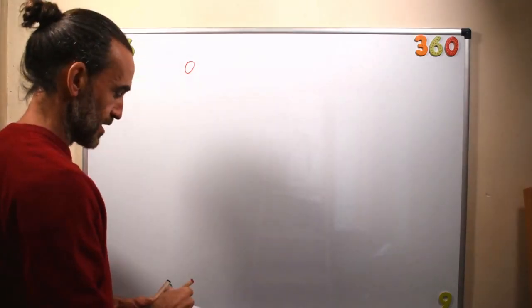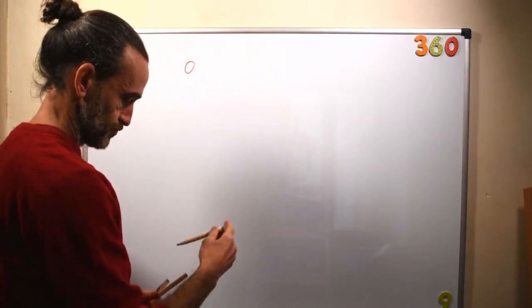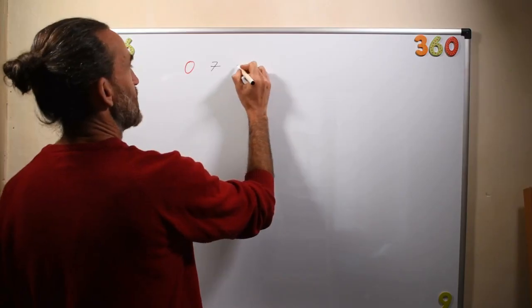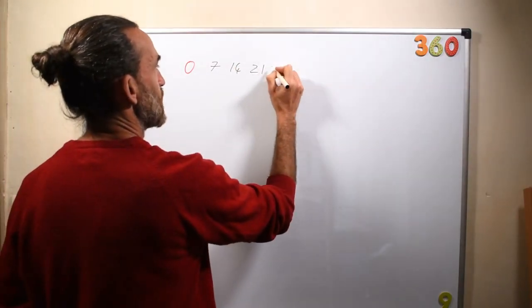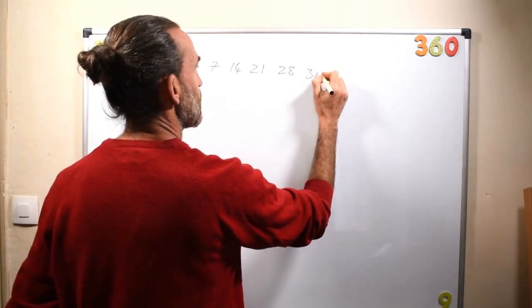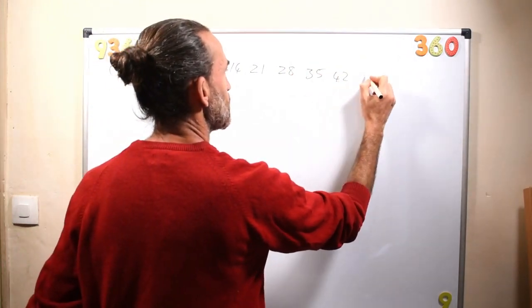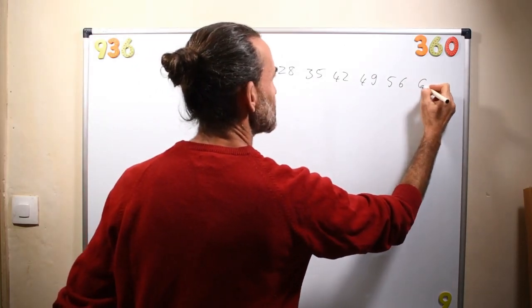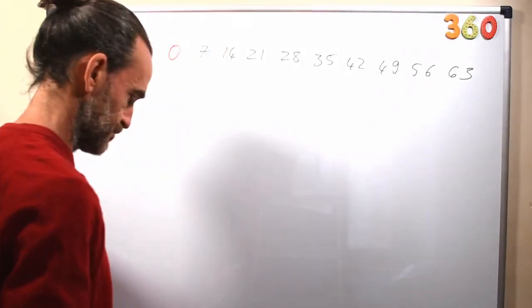Let's go with the 7 times table. So 0, 7, 14, 21, 28, 35, 42, 49, 56 and 63.